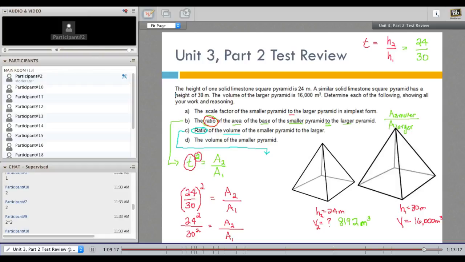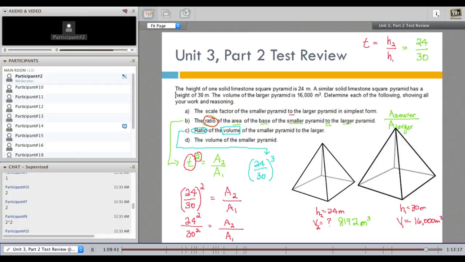If you think of scale factor first, and that comes to your mind first, what do you have to do to that scale factor, 24 over 30? Since it's a volume, the ratio of the volumes, what power do you have to raise this to? Yeah, you have to cube it.